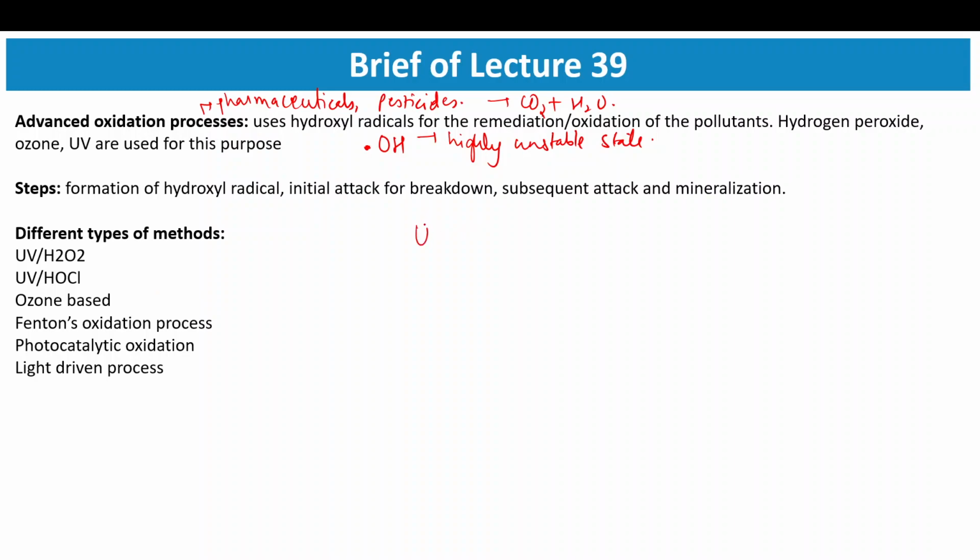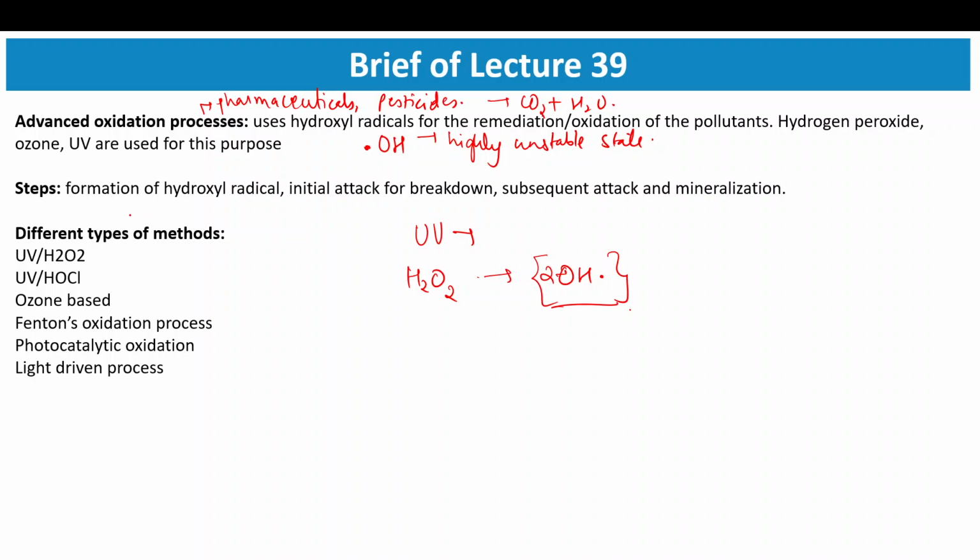We can use UV to disintegrate H2O2, which is hydrogen peroxide, and you can have two hydroxyl radicals. Depending on what type of oxidant you are using, you can have different chain reactions. The end product, or the main motive here in this advanced oxidation process, is to generate hydroxyl radical.